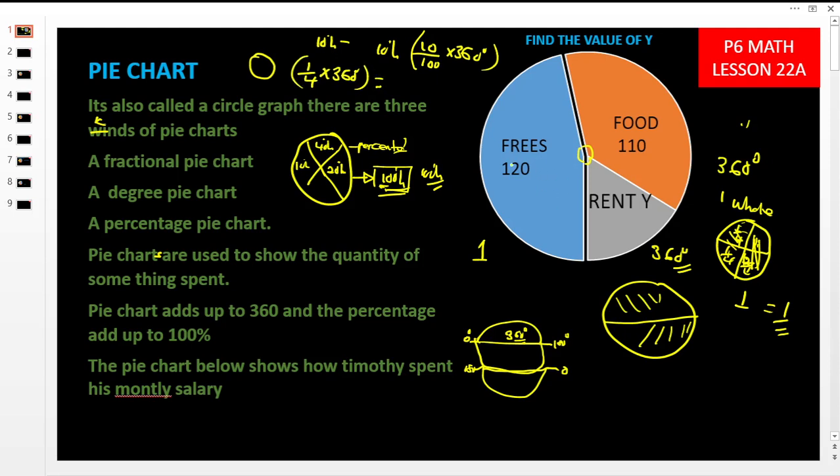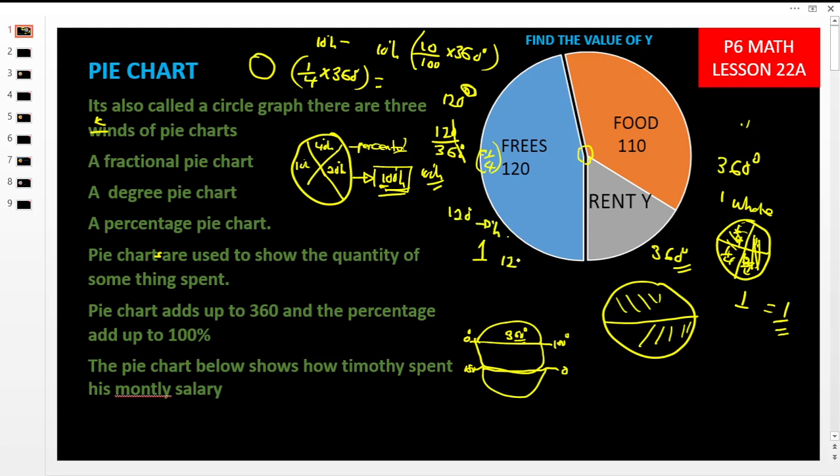And they can even give me a degree, and then I change the degree to a fraction. For example, they can give me 120 degrees. Now this 120 degrees means that it is 120 out of 360. Then I divide, and I get a fraction. Or they can tell me to change this degree into a percentage.